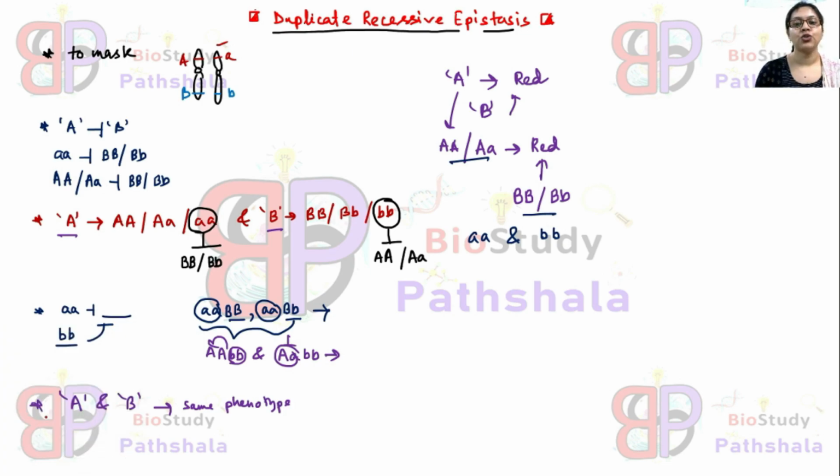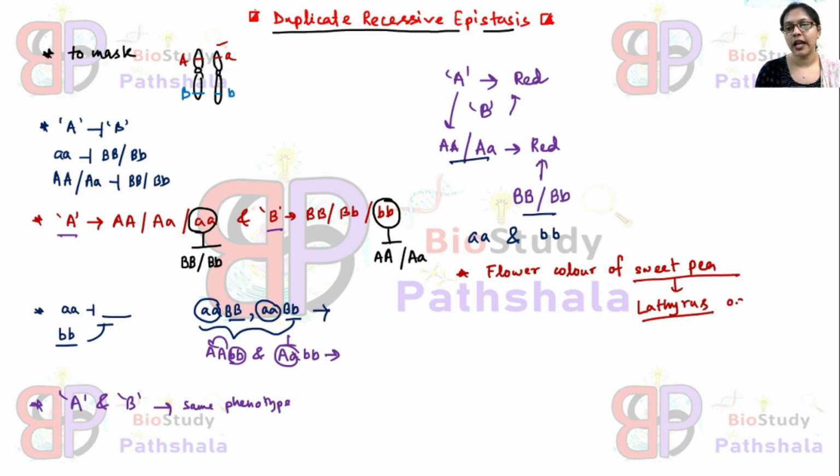Now the actual example is the flower color. The flower color of sweet pea. The flower color of sweet pea follows the duplicate recessive epistasis. The sweet pea scientific name is Lathyrus odoratus.